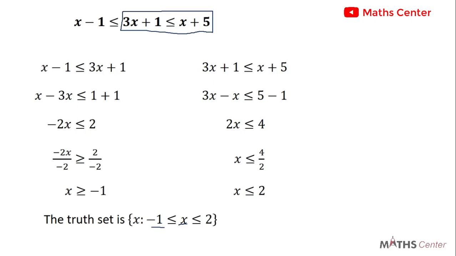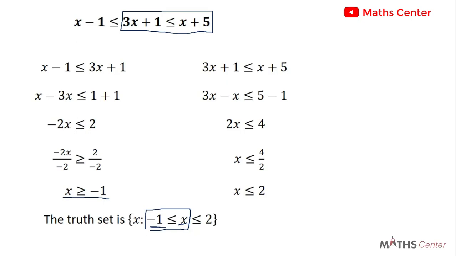Between negative 1 and 2, negative 1 is the smallest. So make sure that negative 1 comes first. So you have your x here, you have negative 1 here. Now look at the symbol here. The symbol is that x is greater than negative 1. So it's going to turn like this. x is greater than negative 1. So you see that what you have here is the same as what we have here. So that is the first part of our answer.